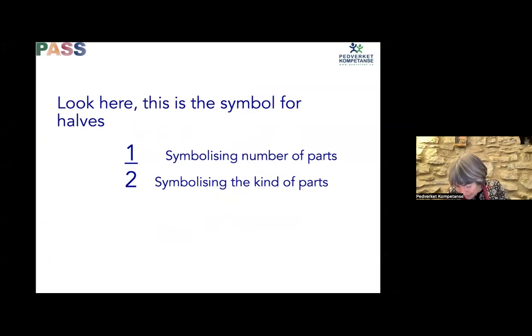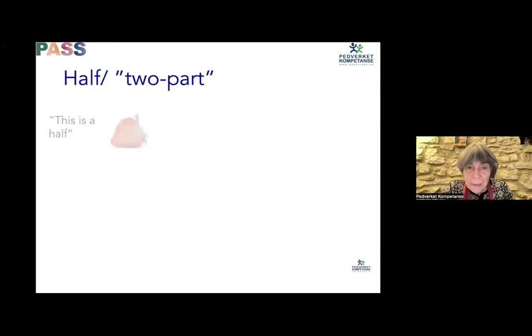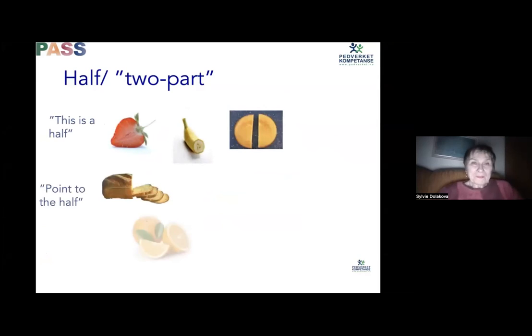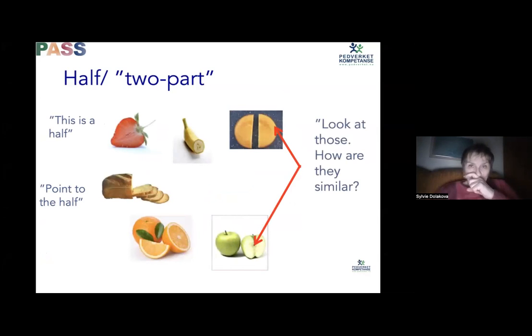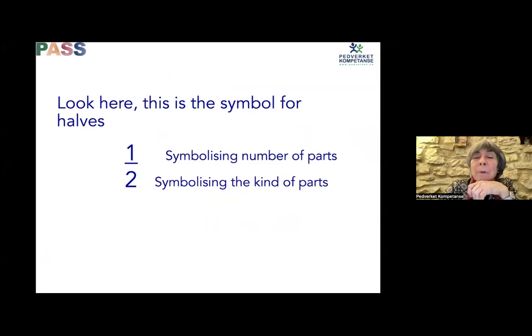Actually, if we go back to the half, the two parts or the halves, and we find the symbol for them. And actually, I should have put something across these because the symbol for a half is all this.